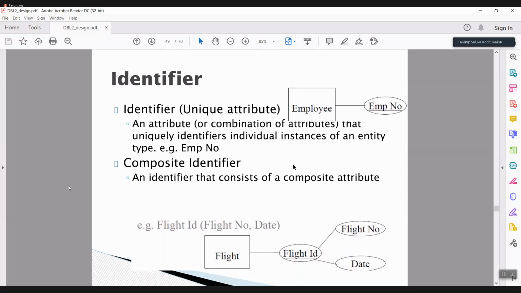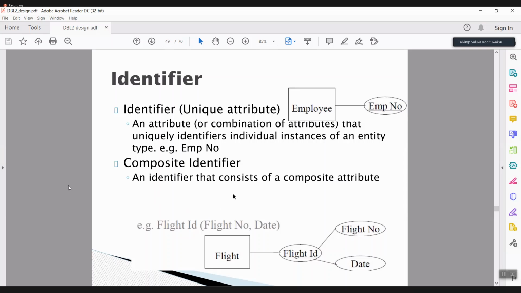Uniqueness means that within the database, for one given unique attribute value, there can be at most one entry in the database. For example, if the employee number is unique, given a particular employee number, you can find only one employee within the database with that number, not more than one.